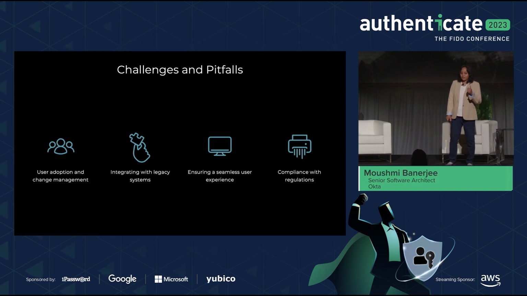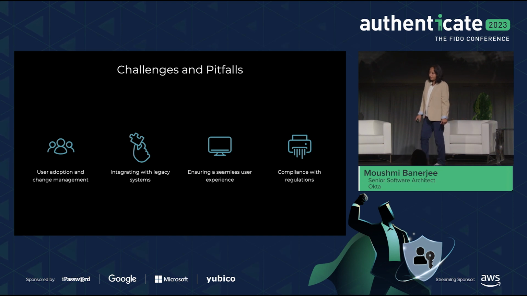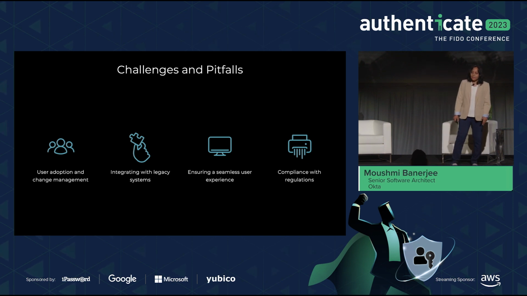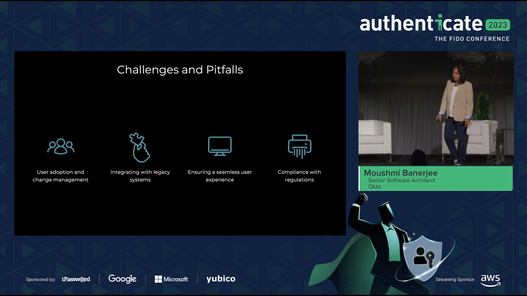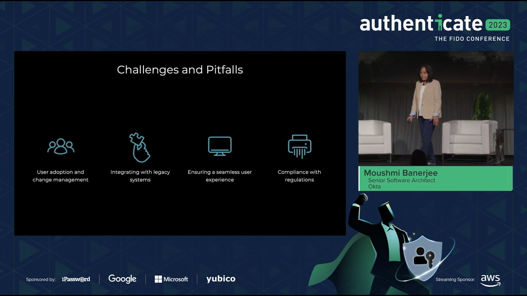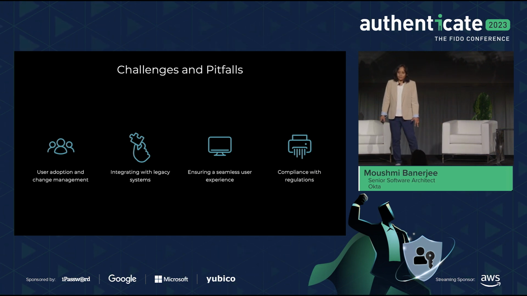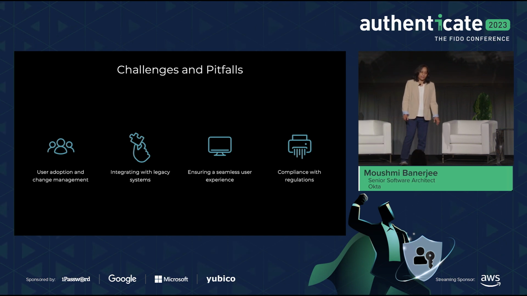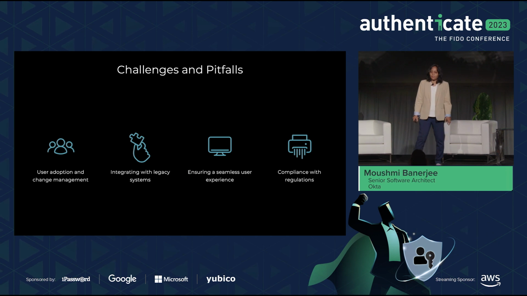So we talked about dependency on legacy systems and dependency on integration with your existing systems. The third challenge is compliance and regulations. Especially in highly regulated industries like healthcare, you'll need to comply with various regulations like HIPAA and PCI DSS.